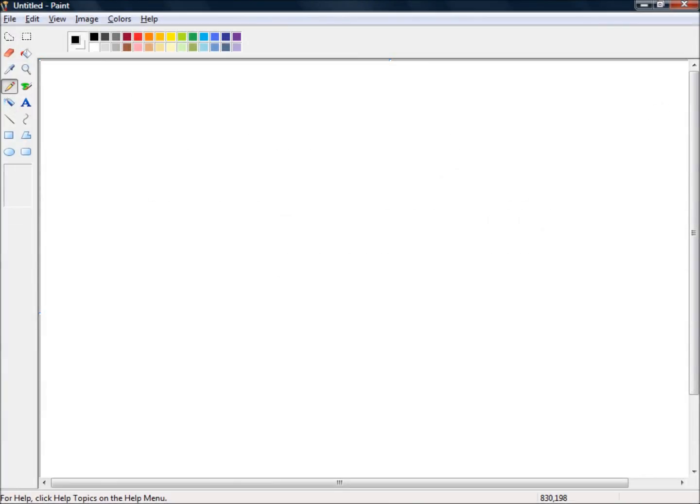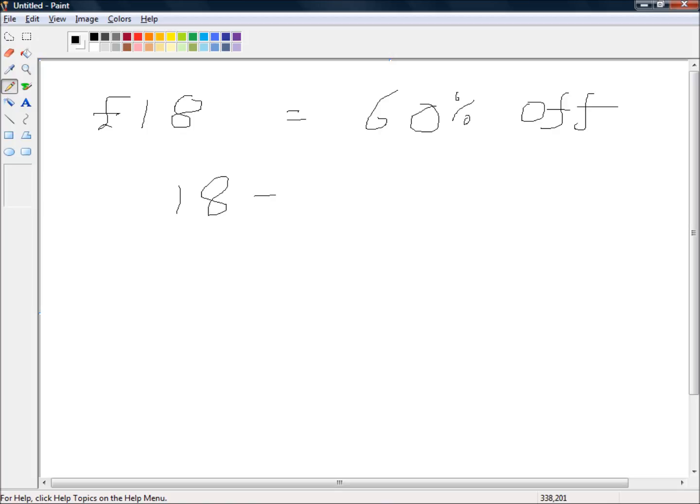Okay, I'm assuming now that you've got your answer or that you just want to see the answer. So I'm going to go ahead and do the answer now. The item costs £18 and that's equal to 60% off. So the original cost was 18 divided by 0.4.